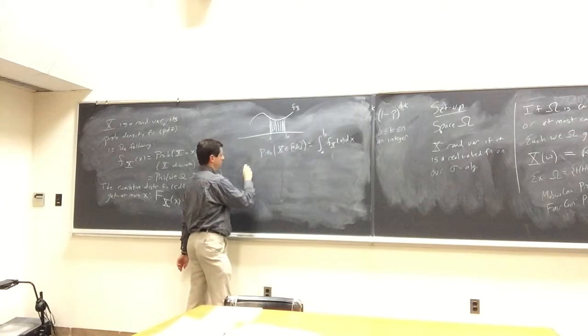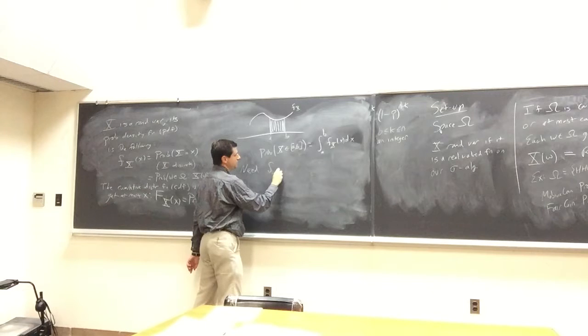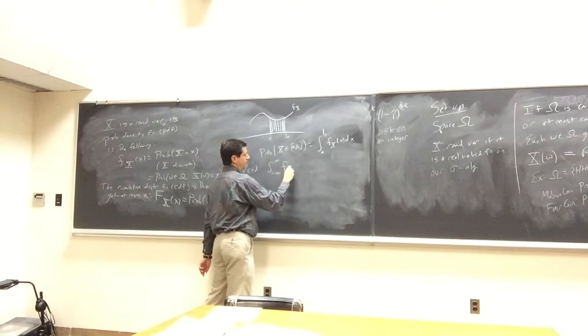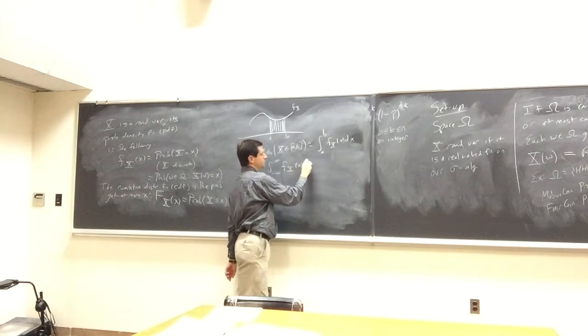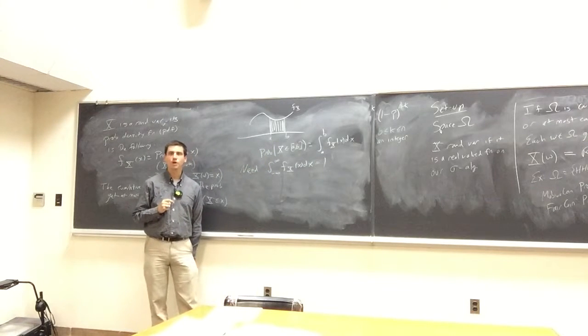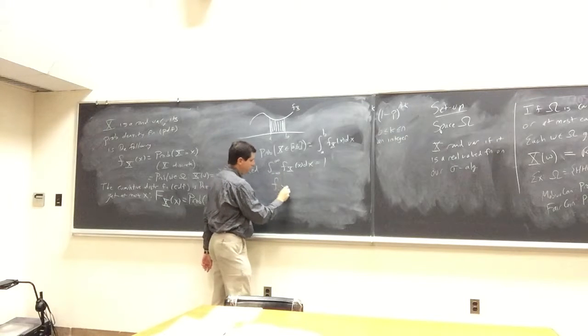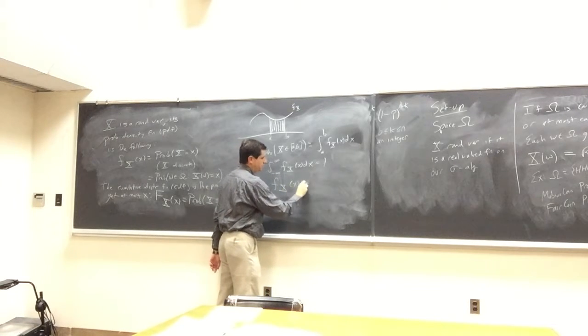The first is we need the integral from minus infinity to infinity of f_X of x dx to equal 1. This is not quite enough. We need one other thing. The function needs to be non-negative. So we also need f_X of x to be greater than or equal to 0.